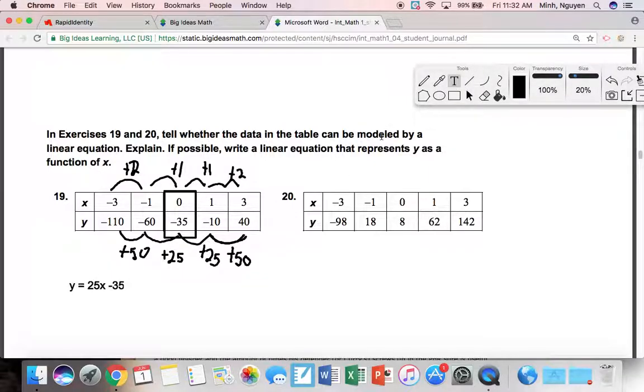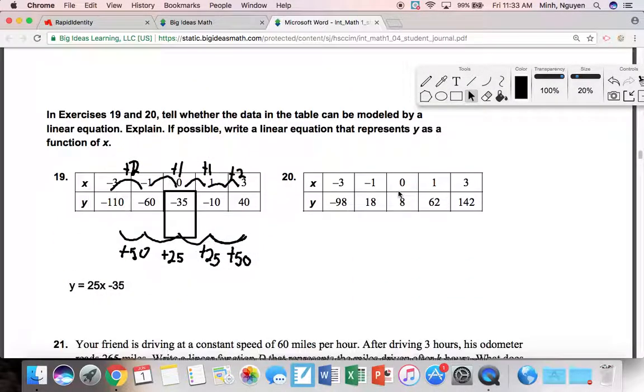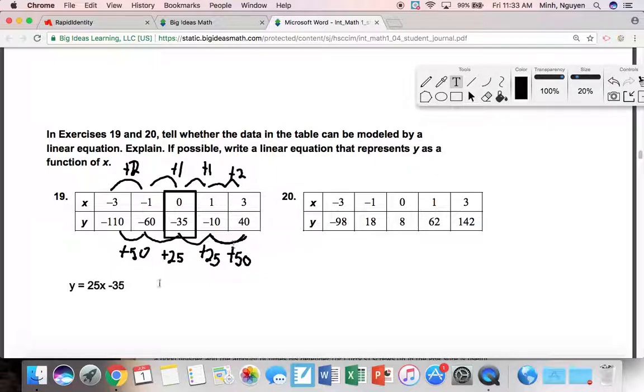If you wanted to do it a different way, which you could, if you work it out similar to these problems, you just have to write ordered pairs. So for instance, some ordered pairs in this might be -3, -110, and 3, 40. And you break it down into your point slope form by saying x1, y1, x2, y2, finding the slope, doing y2 minus y1 over x2 minus x1, and then picking a point, this one or that one, and rewriting it.